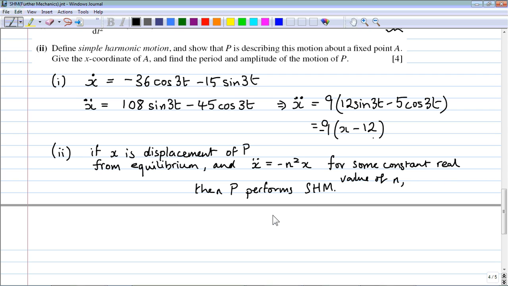So this is one way to write it. It would be advisable also to give a diagram, though perhaps not necessary.